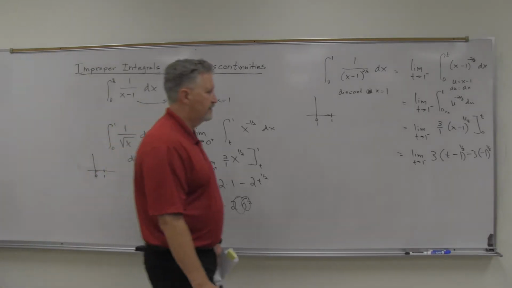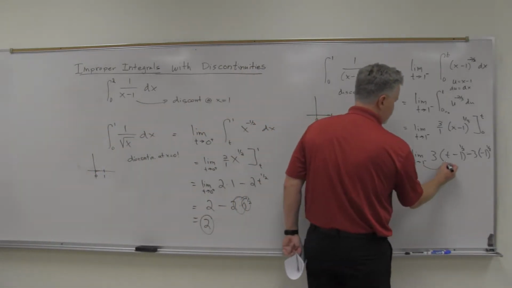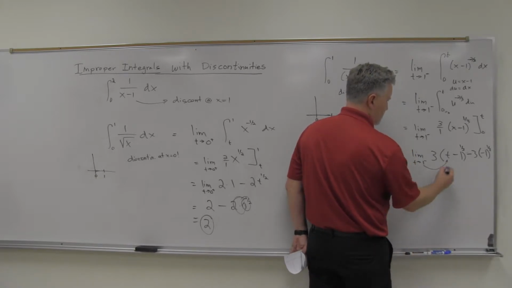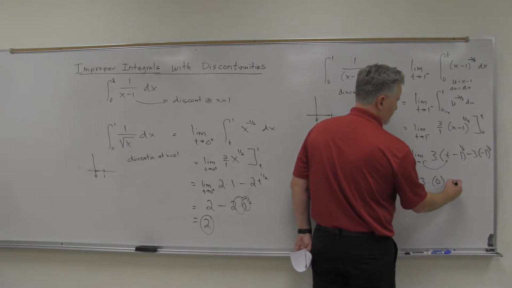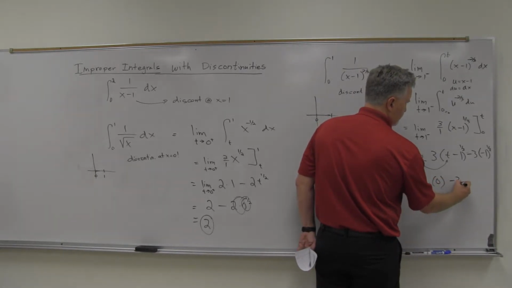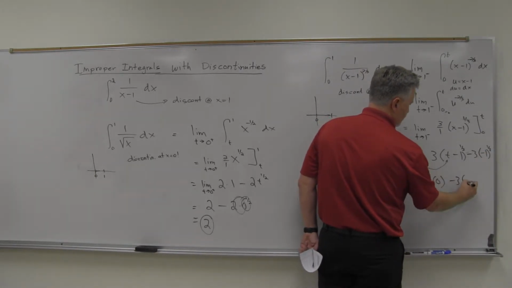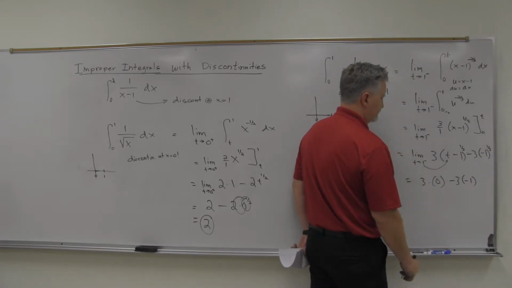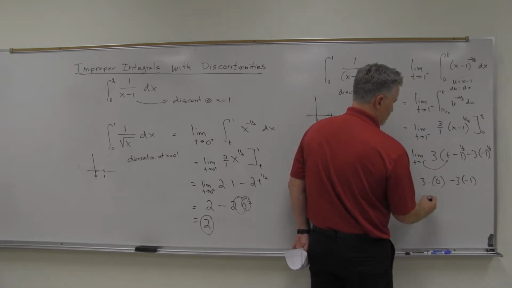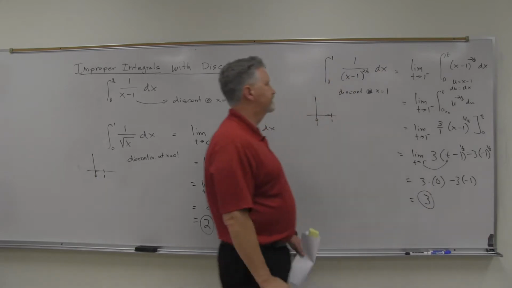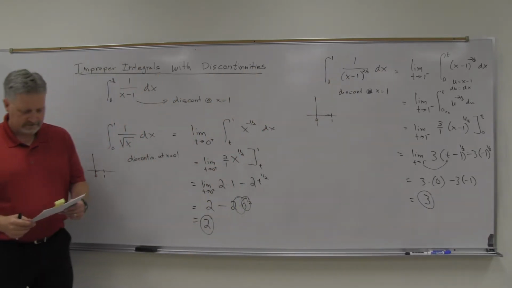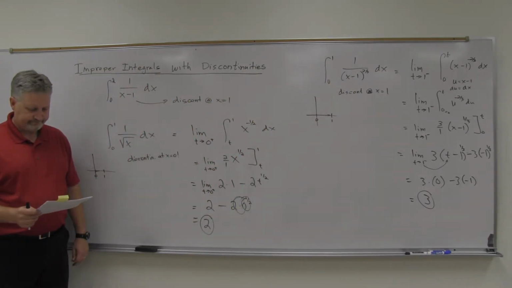So substitute in t is 1. This is going to be 0, 3 times 0. Minus 3 times negative 1, that's negative 1 also. Negative 1 to the 1/3 is negative 1, so positive 3. So that one converges, another one that converges.